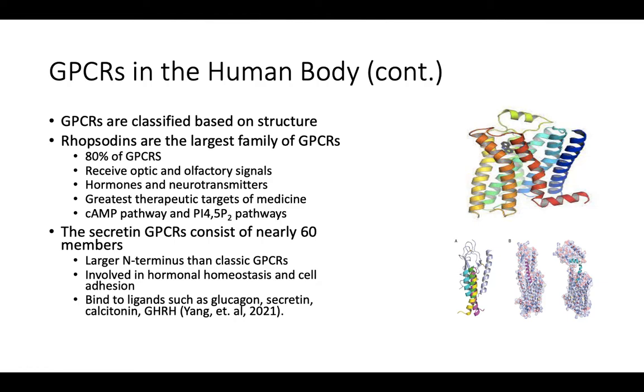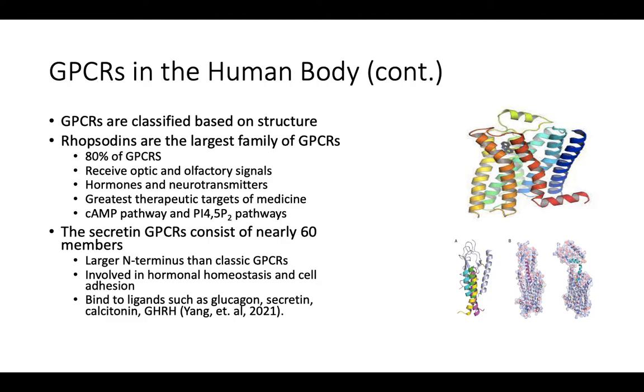One of the biggest functions of these rhodopsins is sensory, such as sight and smell. But they're also important with hormones and neurotransmitters. You'll see a lot of hormones in other GPCRs, but these are also involved because they're just the most common.